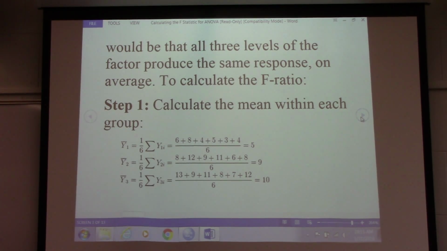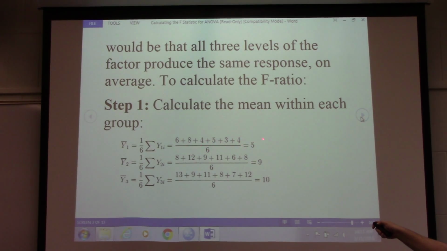The next thing we're going to do is calculate the mean within each fertilizer group. So fertilizer 1 grew plants 6 inches, 8 inches, 4 inches, 5 inches, 3 inches, and 4 inches. Those were the 6 observations divided by 6.